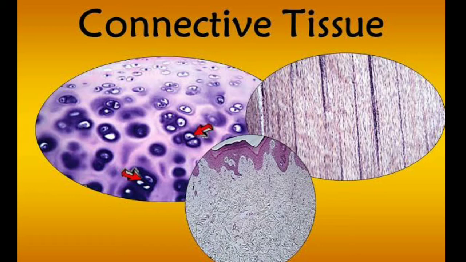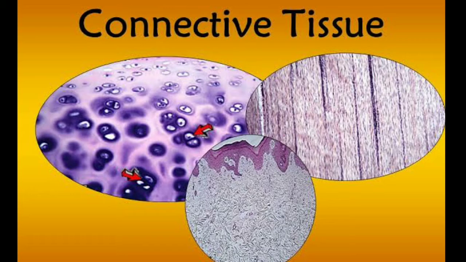Tissues which join different parts of the body are called connective tissues. Cells in this type of tissues are loosely arranged with a ground substance in the free spaces in between. The ground substance may be solid, liquid like water or jelly-like.